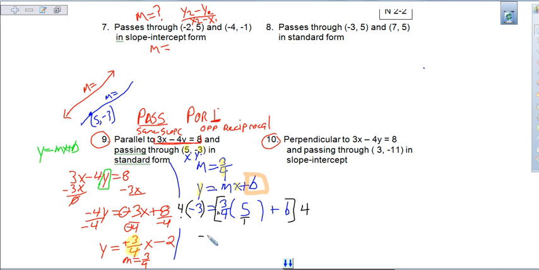So just remember that you have to distribute the 4 to everything. When we distribute here, that 4 is going to cancel that 4 out, and all you have is 5 times 3 is 15. But don't forget that this b is a number, so we have to multiply it by 4.